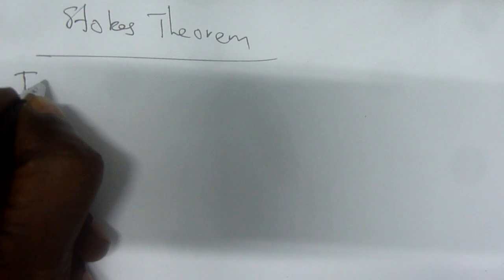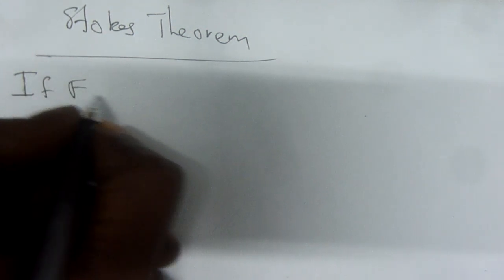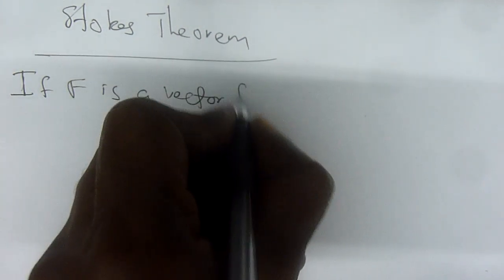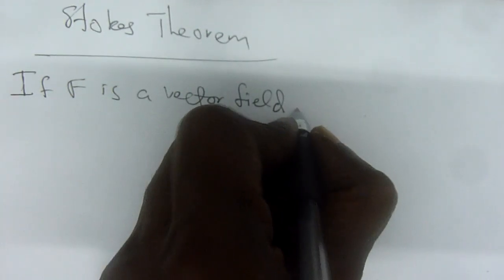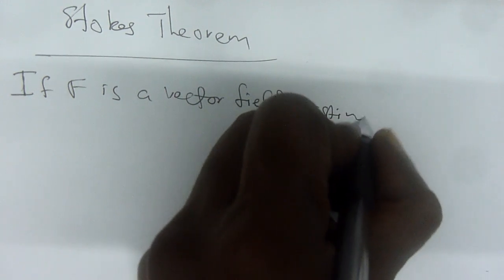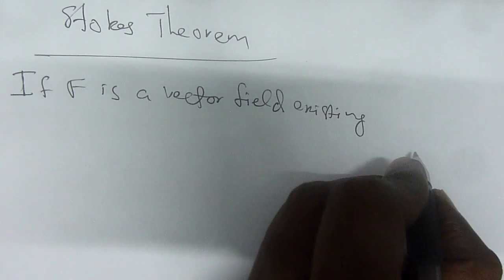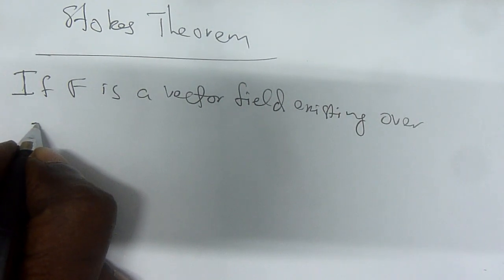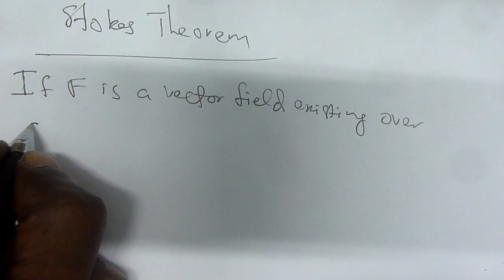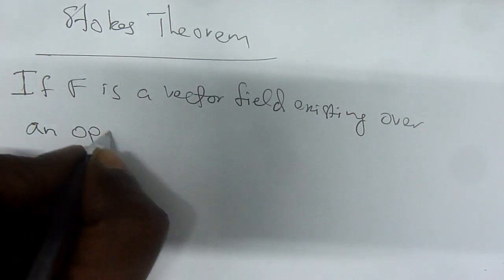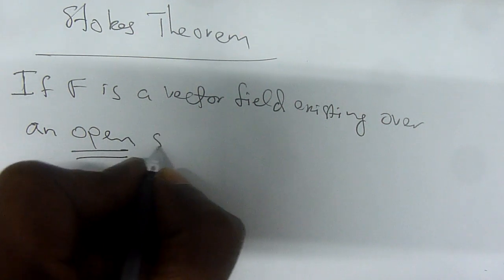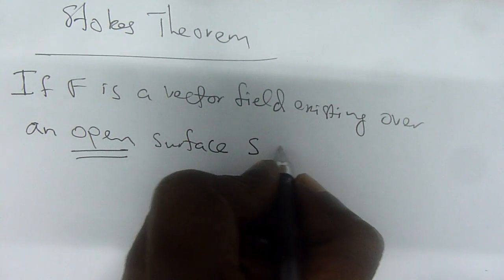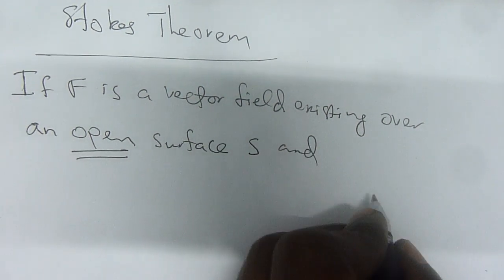Let me introduce the theorem first. If F is a vector field existing over an open surface, we're going to use this term, open surface.